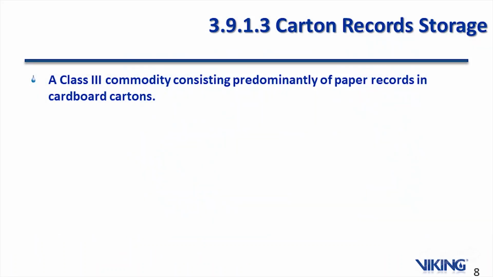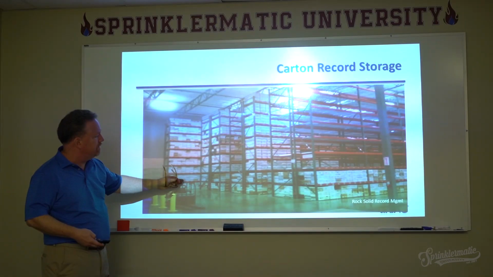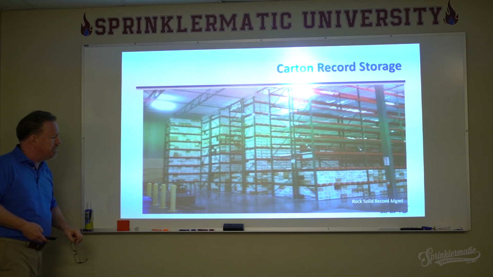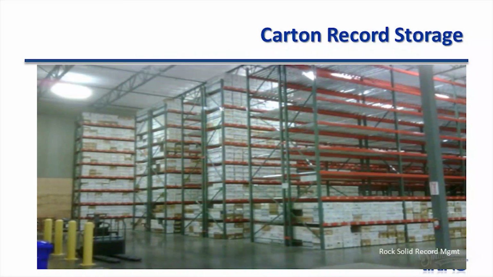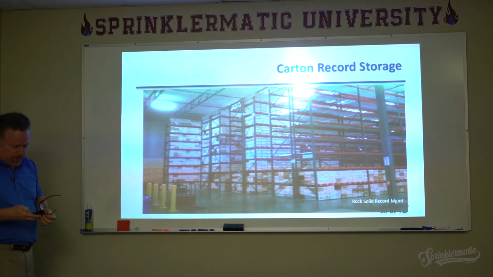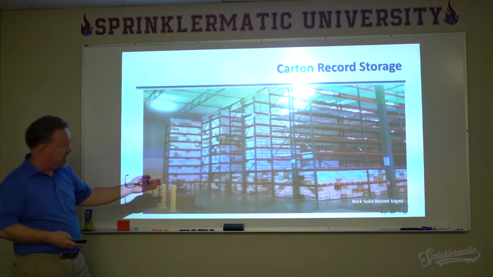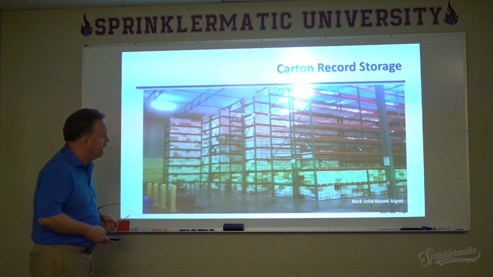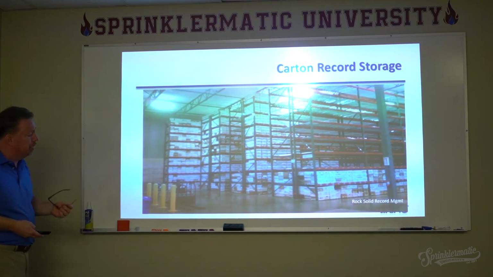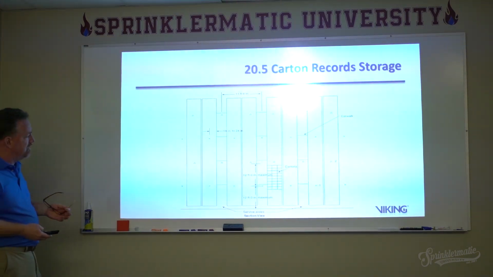Finally, carton record storage. This is the typical arrangement you might see in racks. But then we go to the one I showed you before that had the access through the catwalk that goes down into that space. So we need to provide protection here.